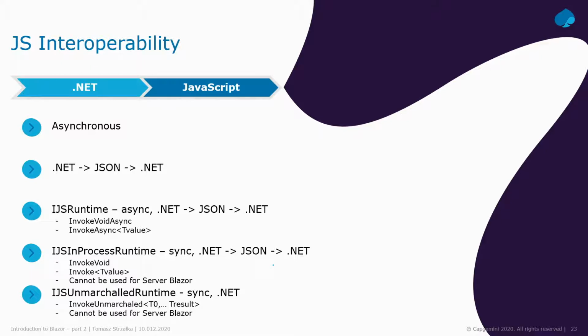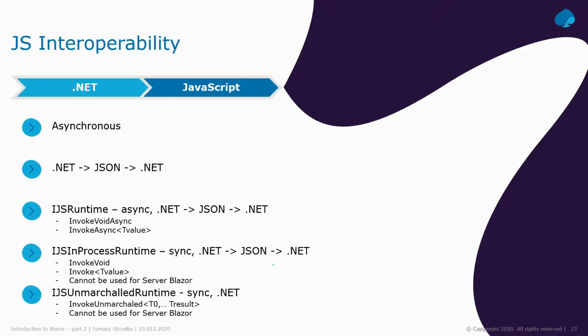A couple of things worth mentioning about JavaScript interoperability is that we can work both ways. We will get into that in a minute. But first, let us state that calling JavaScript is asynchronous by default.